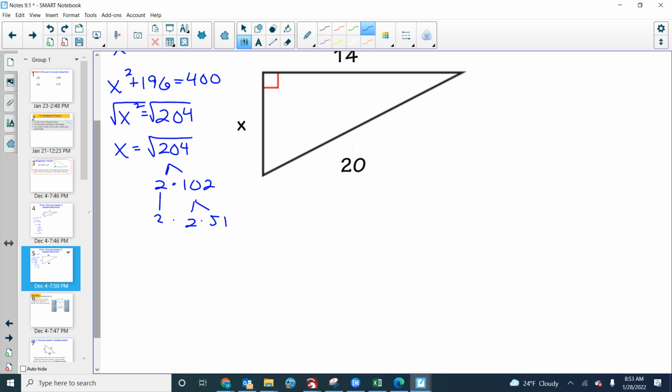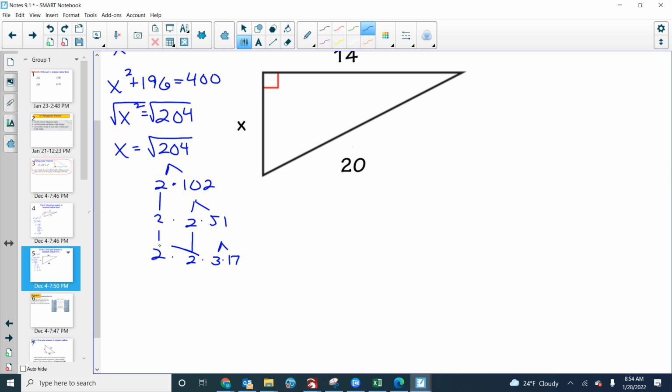What are the factors of 51, or is it prime? Isn't it 3 and 17? Double check me. I forgot about that one. It looks prime, but looks can be deceiving. Did it get us anywhere?